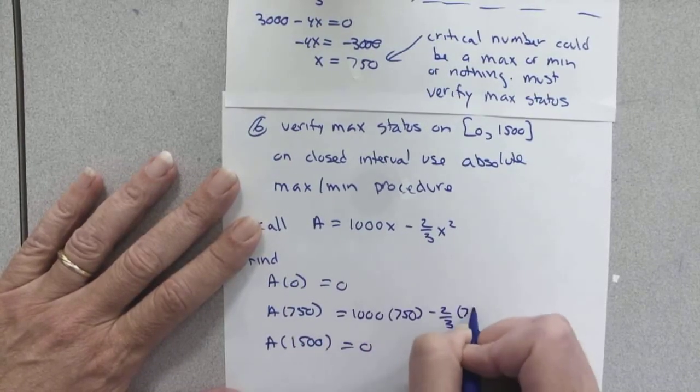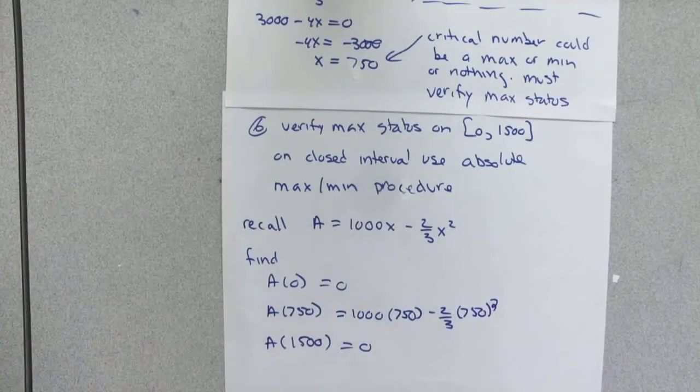And when you plug 750 into the original function, let's see if we can get my calculator to do this for me. It keeps turning itself off because it wants new batteries. 1,000 times 750 minus 2/3 times 750 squared.